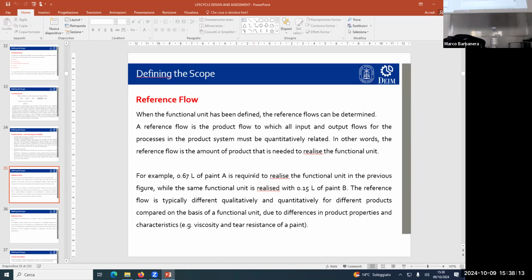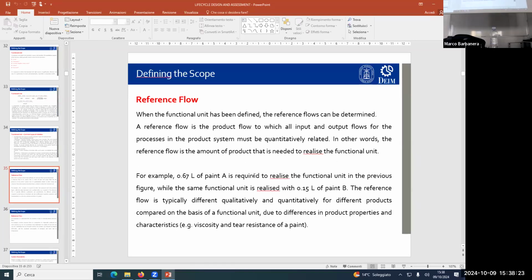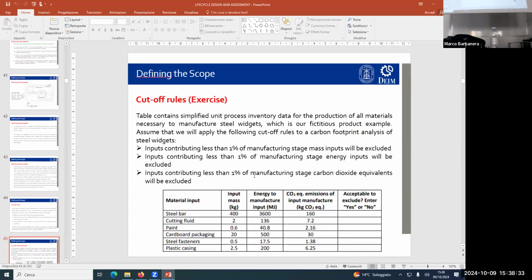So the reference flow is the amount of the product to realize the functional unit. When we define the functional unit, in all cases we also have to define the reference flow associated with the functional unit that we have chosen for our study.